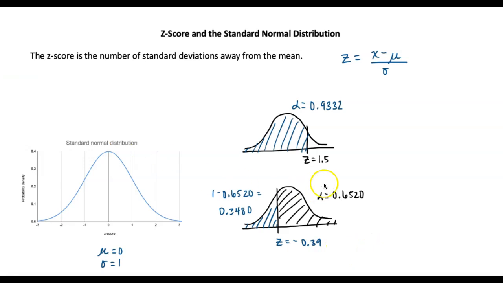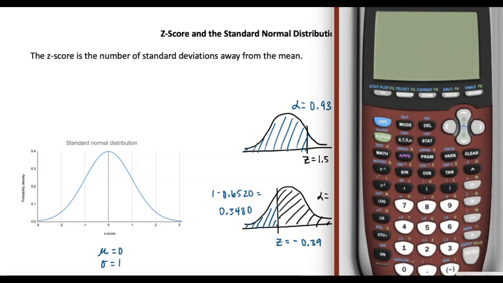Now, is there a way to do this with the calculator? Yes. And so if I want to find the area given a z-score, I can go to my calculator and I can go to second VARS and click on normal CDF. And it automatically gives me a lower value of negative 1E99.